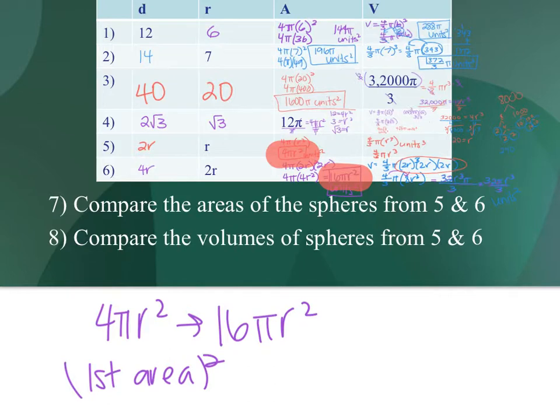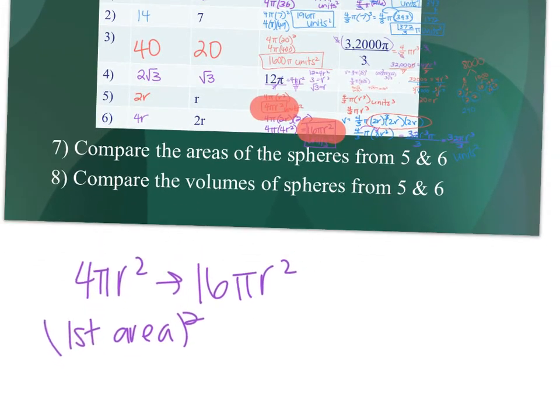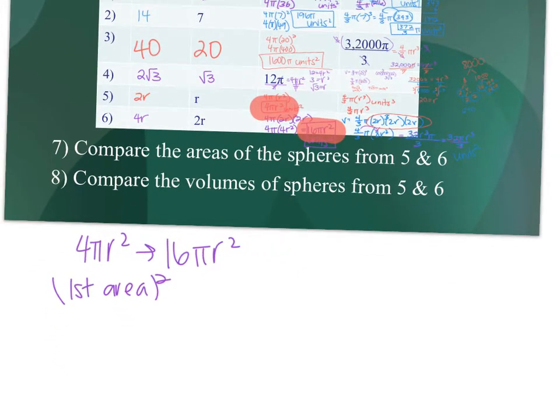And then it said compare the volumes of the next two. So I went from 4/3 pi r cubed to 32/3 pi r cubed. All right.